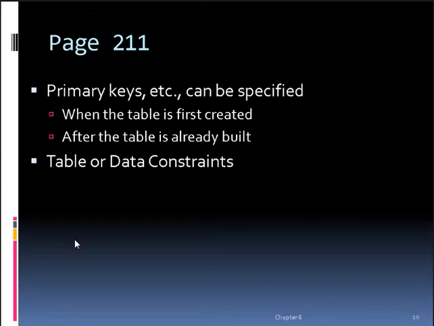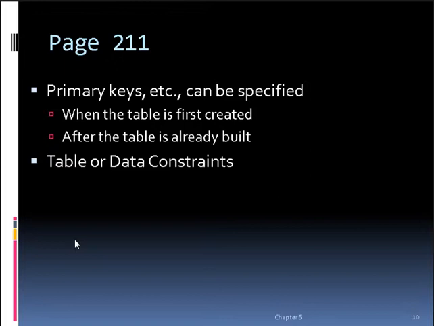Table and data constraints consist of more than just primary keys. We may have a value in a table, even though it's not a primary key, that can never be null. We always want it filled in. Some of our data constraints can include making an entry only a character string or only a numeric value.